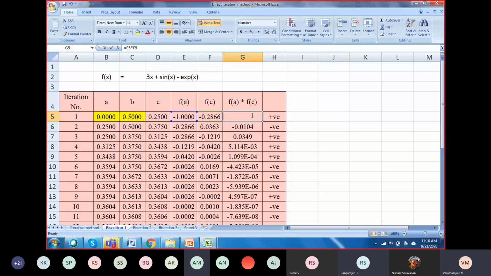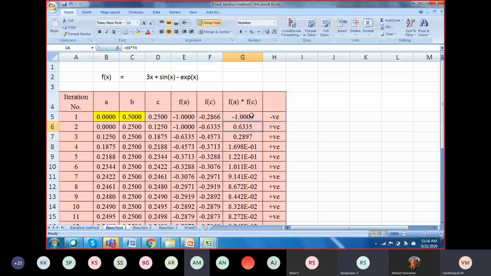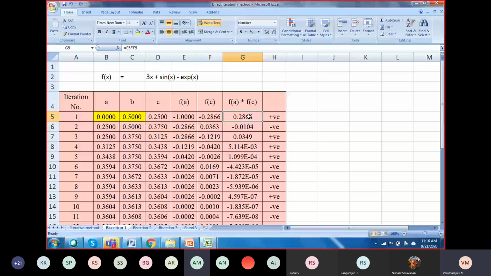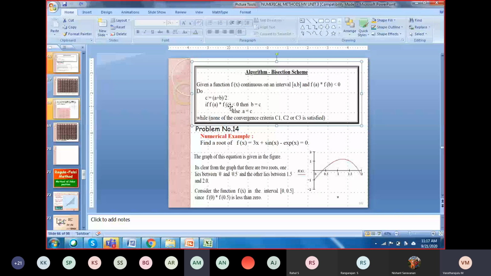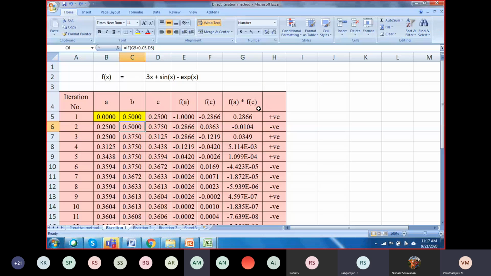If it is positive, then take my A is equal to C. Now for B, from where do we have to take the B value? Again, the bisection method: if the cross product of f of A and f of C is lesser than 0, then B is equal to C. Else, if f of A times f of B is greater than 0, then take C5 as an input, else D5 is your input.